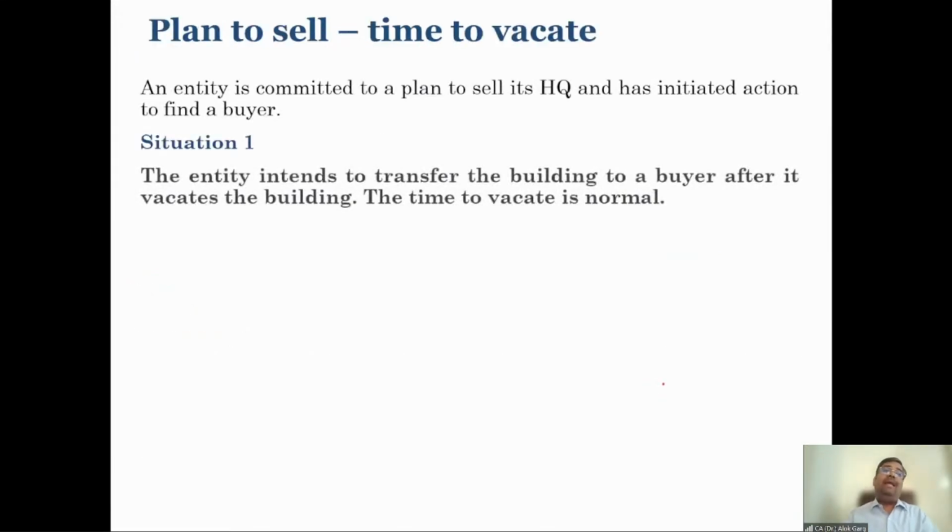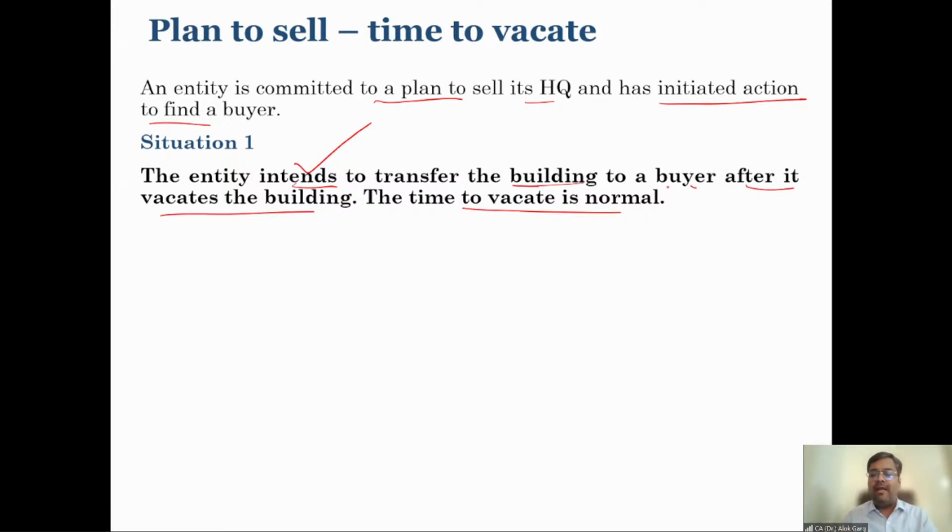Second, an entity is committed to a plan to sell its headquarters and has initiated action to find a buyer. Right? Situation number 1. The entity intends to transfer the building to a buyer after it vacates the building, and the time to vacate is normal.